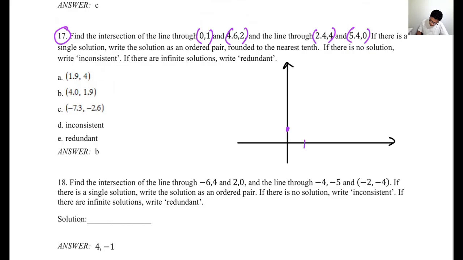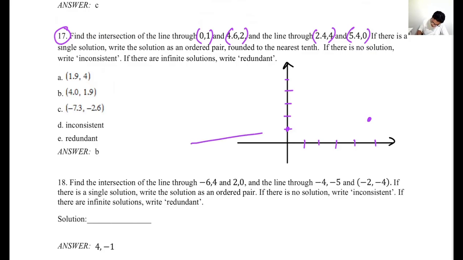And 1, 2, 3, 4, 5, so 4.6 might be somewhere here. So let's say the other point is somewhere here.